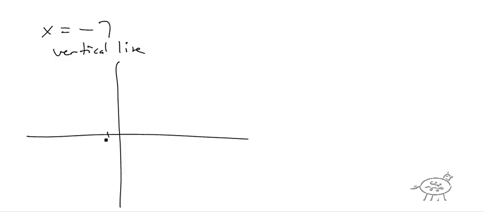Okay, x equals negative 7. So I go negative 7 on x. And again, don't just draw a point, math fans. You got to draw a vertical line. So here's the point that I plotted, by the way, and it's a vertical line at x equals negative 7.